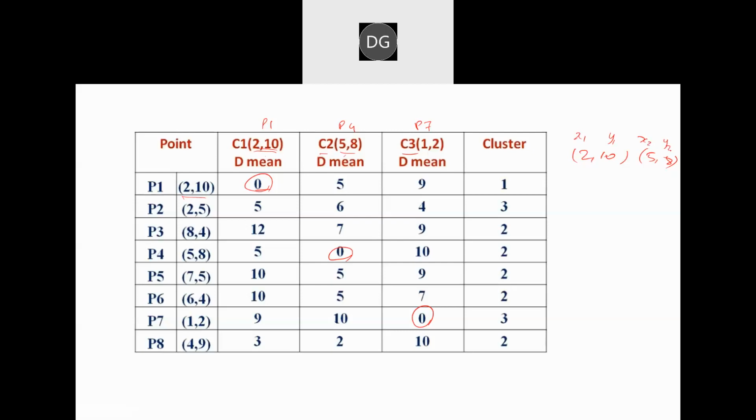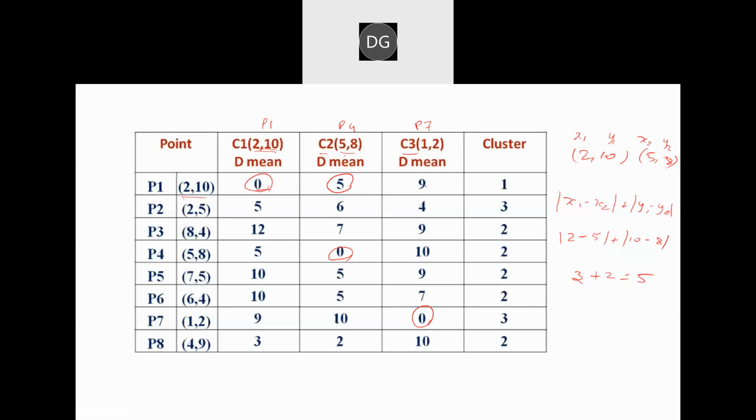Putting it in the formula, x1 minus x2 plus y1 minus y2: here 2 minus 5 plus 10 minus 8. The result for the first part is minus 3, but since it is a modulus, we just give 3 plus 2, which is 5. So this value has been placed here.